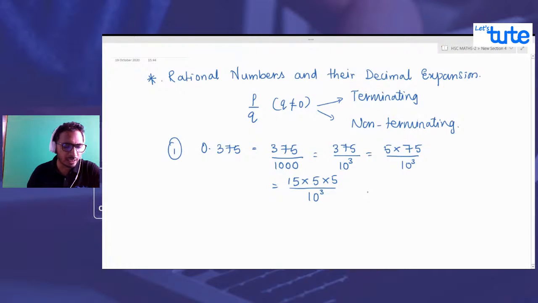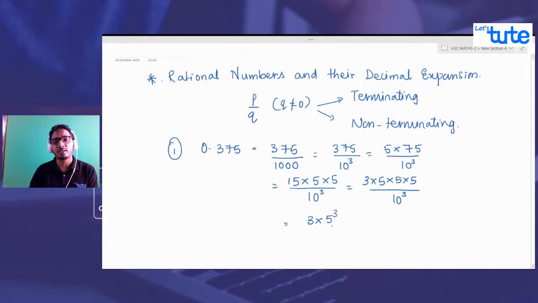And this 15 can be written as 3 multiplied by 5. Now this is the simplest form we got: 5 multiplied by 5 multiplied by 5, so it is 5 cubed upon 10 cubed.